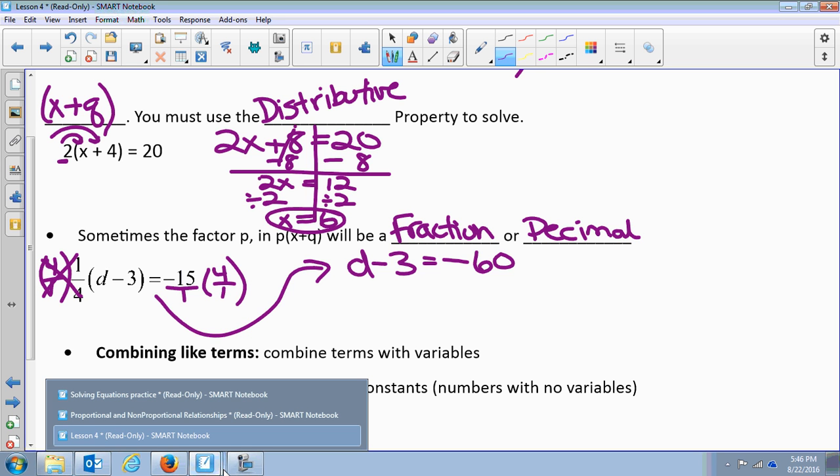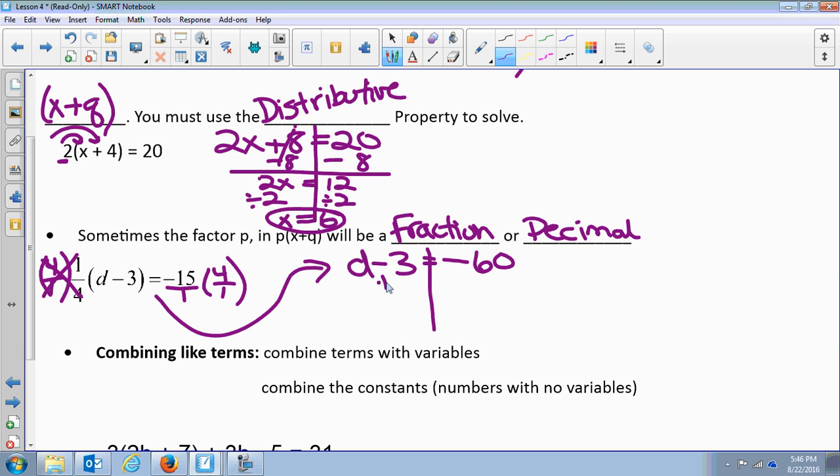Now, I have a one-step equation. I have to get rid of my subtraction first, so I'm going to add 3 to both sides. This cancels. I'm left with d. A negative and a positive, you end up subtracting. So 60 minus 3 gives me 57. Keep the sign of the bigger number. And there you go. D equals negative 57. Sorry.